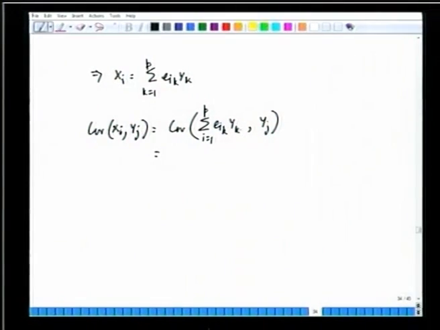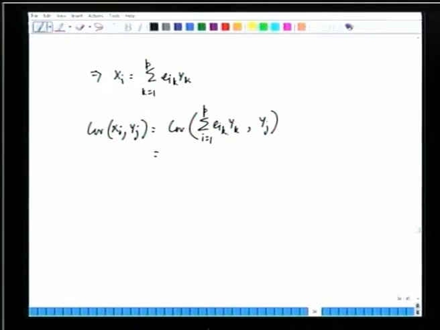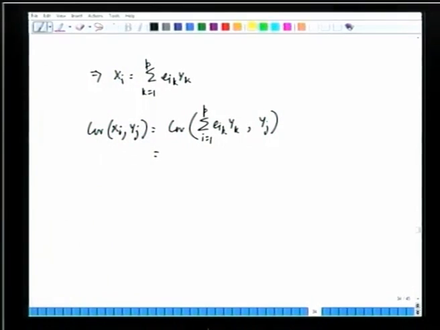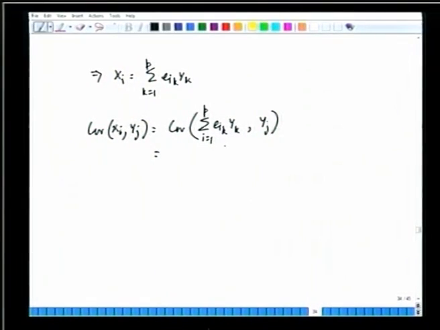Now I know that the covariance between any yk and yj, where k is not equal to j, is equal to 0. So if I open up this sum and consider the covariance with yj, the only term that will make a contribution is the jth term, when yj comes with the coefficient Eij.